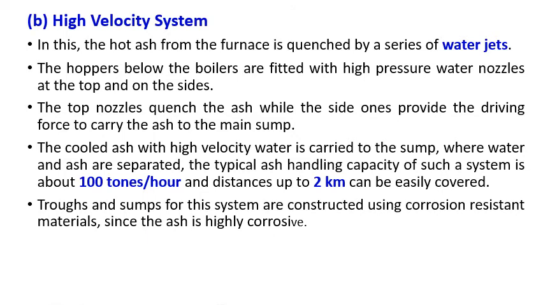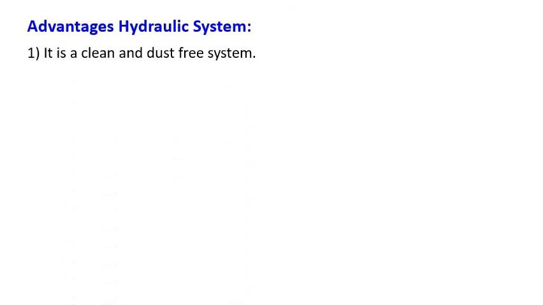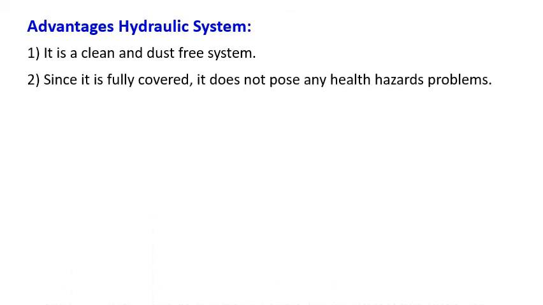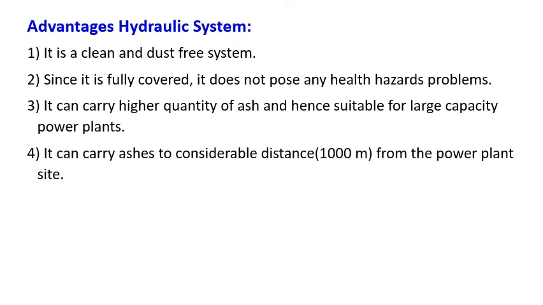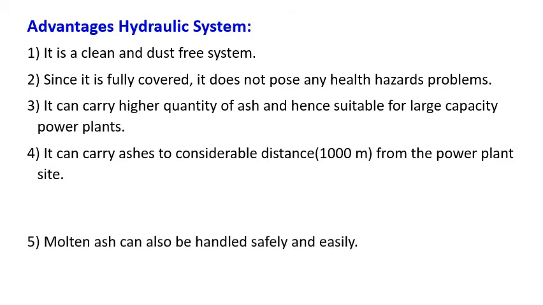The trough and sump of the system are constructed using corrosion resistant material since the ash is highly corrosive. Let us see the advantages of a hydraulic system. It is clean, it is fully covered, and it takes a higher quantity. It can be easily taken to a 1 kilometer distance.